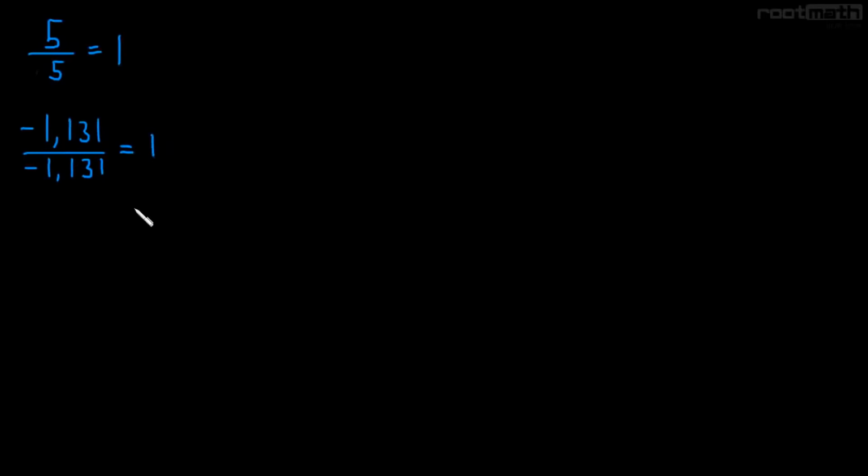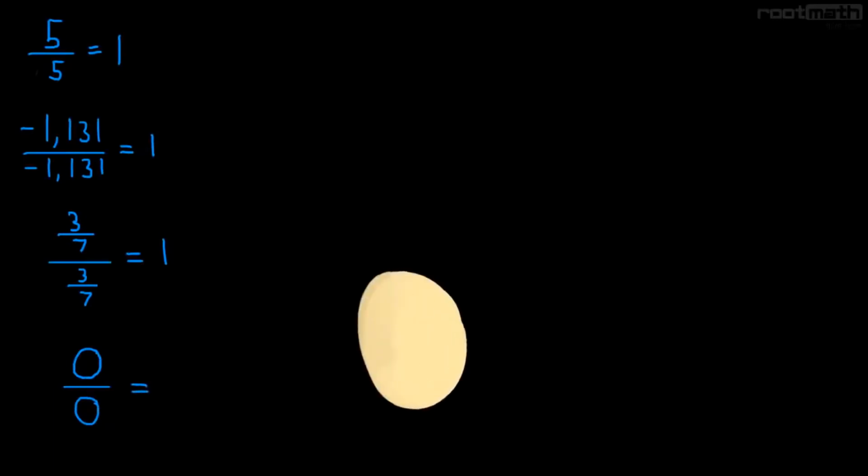What about fractions? Something like 3/7 divided by 3/7. Well, a fraction is just a number, and so we're dividing it by itself, so we get 1. What about 0? 0 divided by 0. Well, this is not equal to 1.